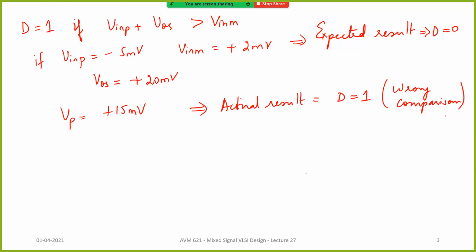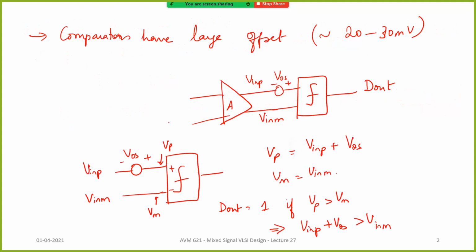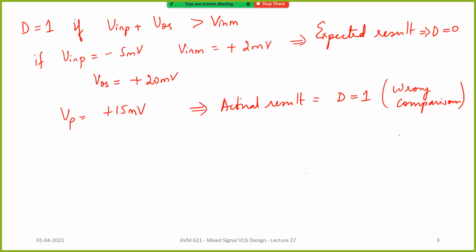In order to get rid of this offset, you have to make sure that the input referred offset, let me call it VOS in, should be lesser than half VLSB. Let's say the VLSB is, for example, 200 microvolt.